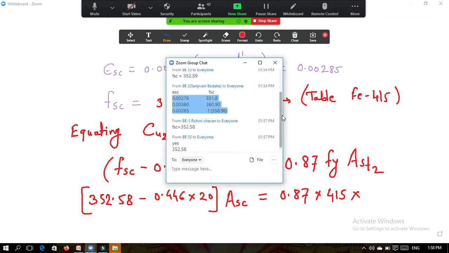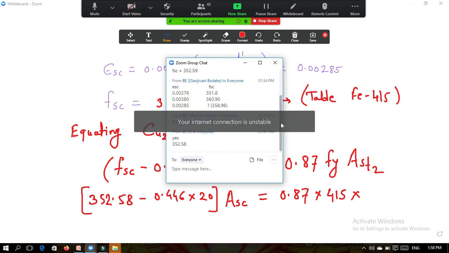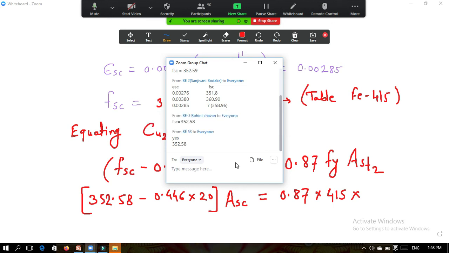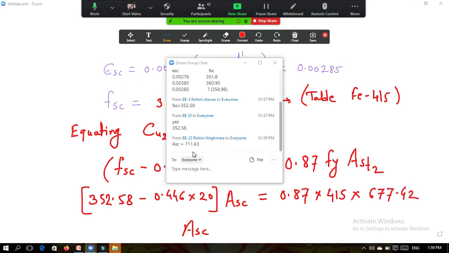What was the value of AST2 which we have calculated earlier? It is 672 something, no? Drop the value of AST2 in the chat box. What was the value of AST2? It is 677.42, and someone has calculated the answer.